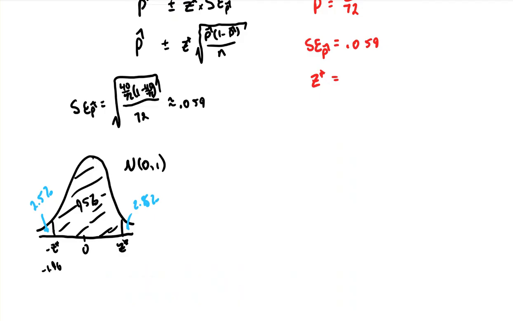So my lower bound in this picture is negative 1.96. My upper one is going to be just 1.96. And we'll say that our critical value in this case is 1.96.